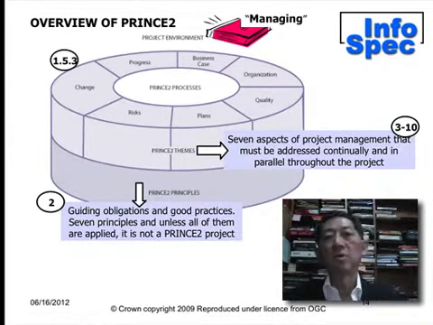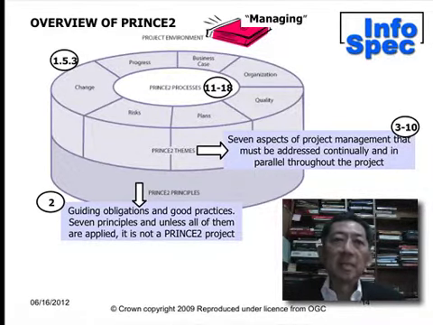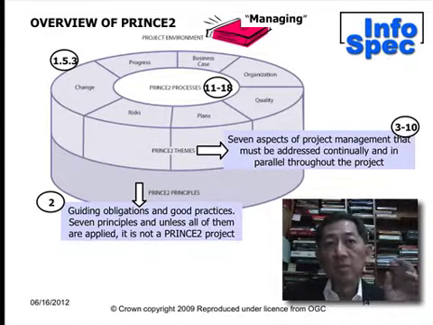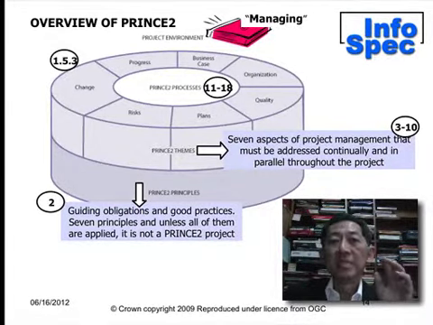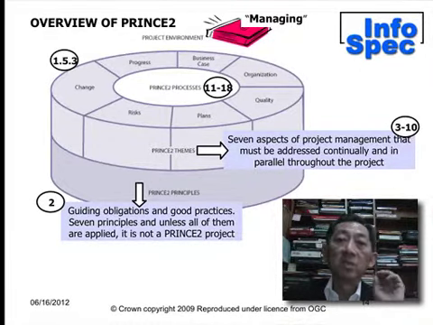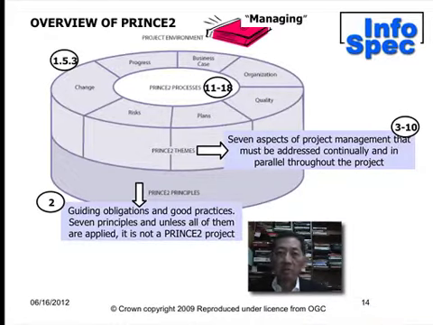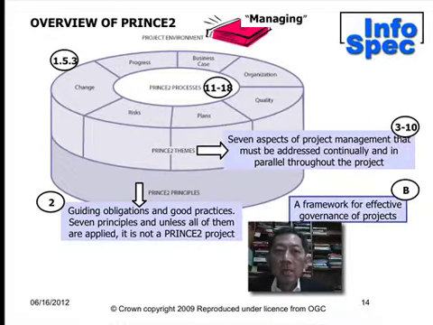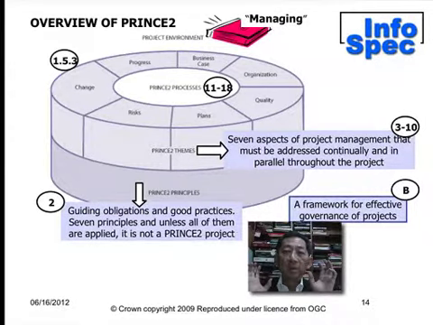So with the Prince2 processes, incidentally the numbers you see there refer to the Prince2 manual. I would really suggest that you buy yourself a copy of the Prince2 manual, and if you have any problems, just give me a call or drop me a line. Basically, all these 3 clusters or groups of things that you see here, which Prince2 addresses, form a framework for effective governance of projects.